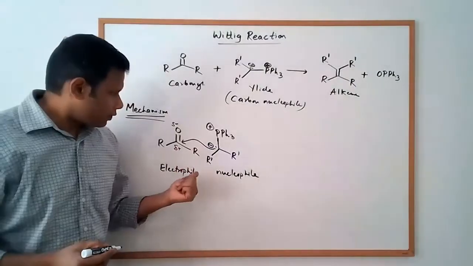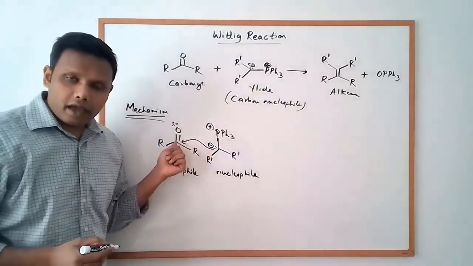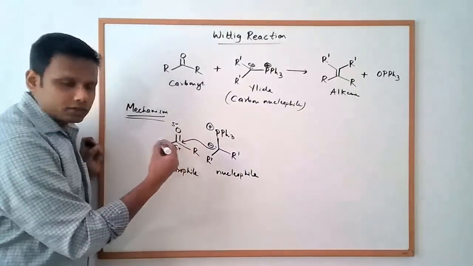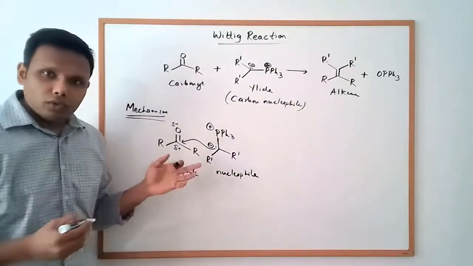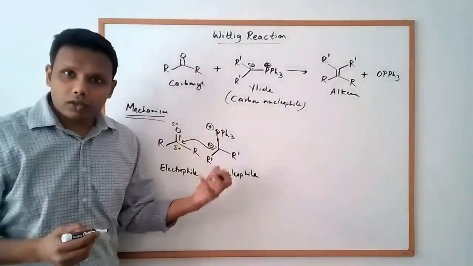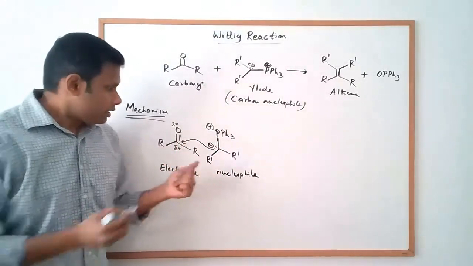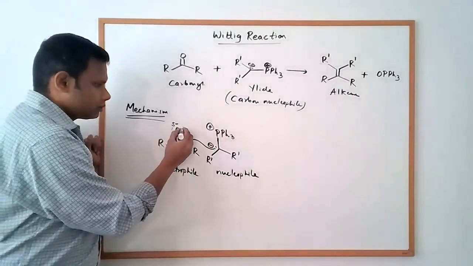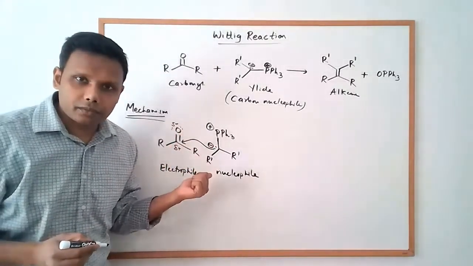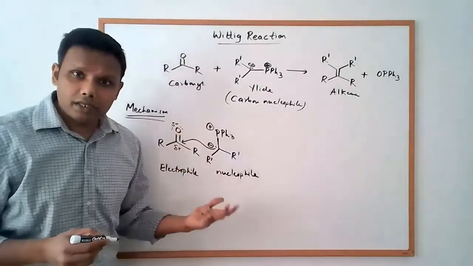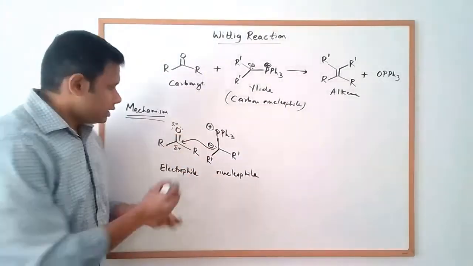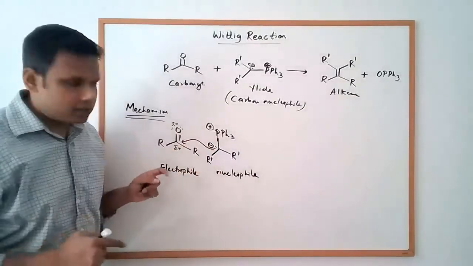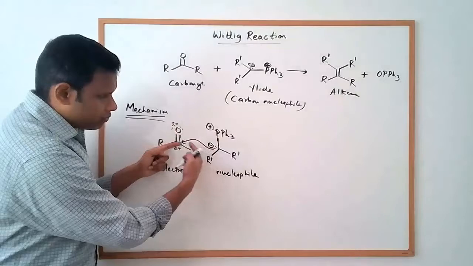Now, as we've seen before, as this attack happens, simultaneously the double bond here is going to open up. In almost all cases previously, as the double bond opens, it goes to the oxygen atom. It lands on that oxygen atom. In a Wittig reaction, it is believed that as this pi bond opens up, since there's the phosphorus here, we're trying to make one bond between the carbons.